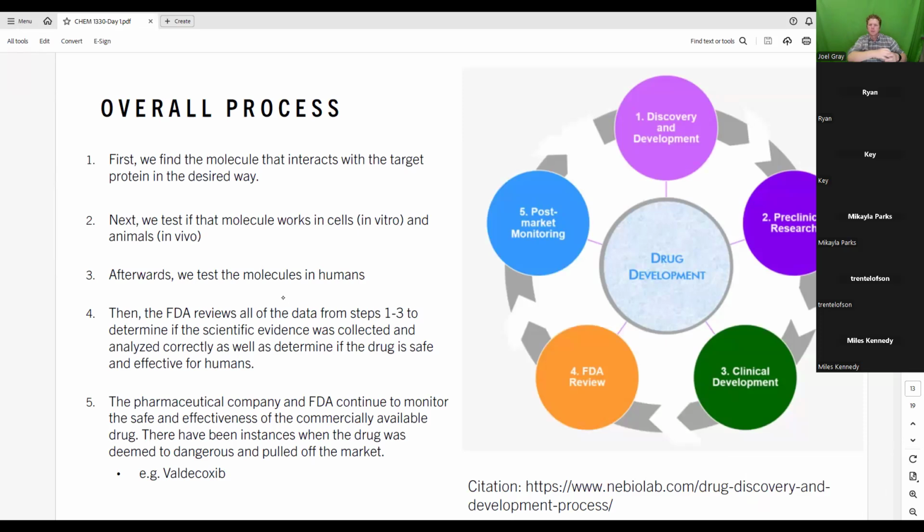After that, we have to test if that molecule works in cells. This is like removing cells from an organism. If you've ever had your blood drawn, what's taken up? Lots of red blood cells.